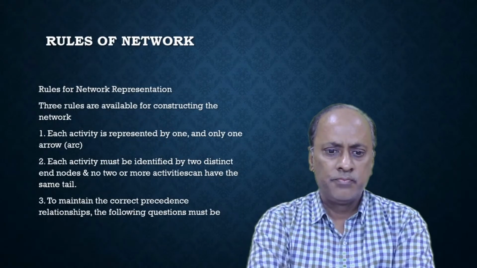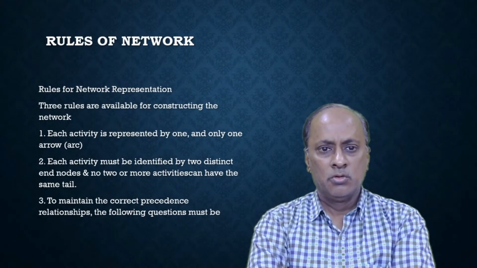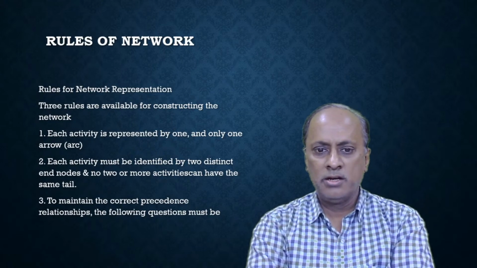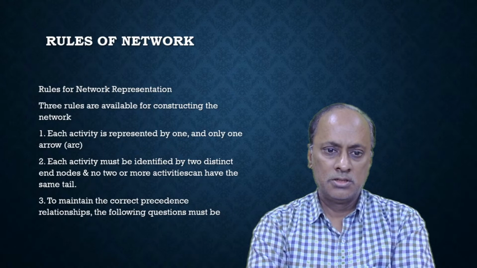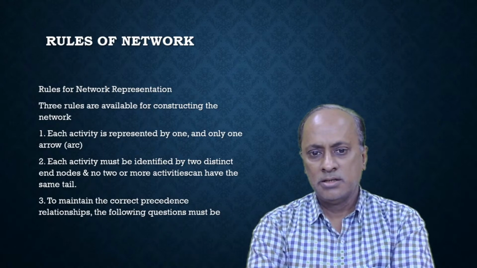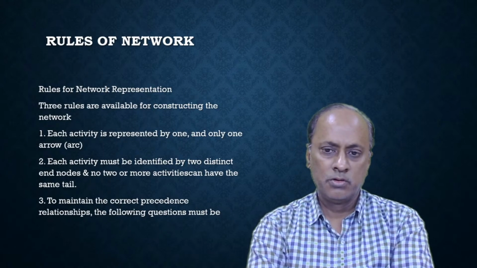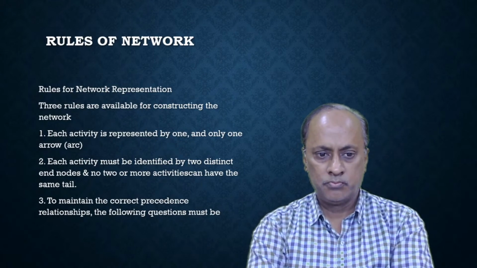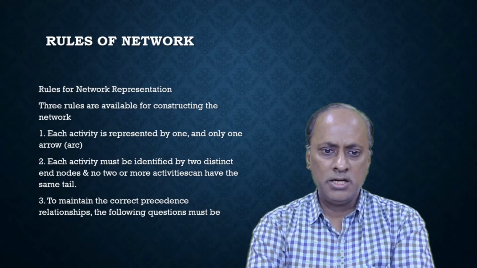Now, what are the rules for a network diagram? Each activity is represented by one and only one arrow. Suppose there are four activities, then we have to use four arrows. We cannot represent all four activities by one arrow. And each activity must be identified by two distinct end nodes.